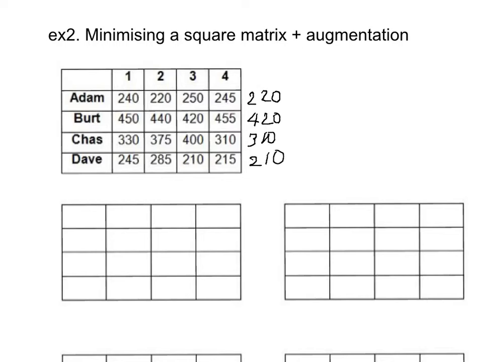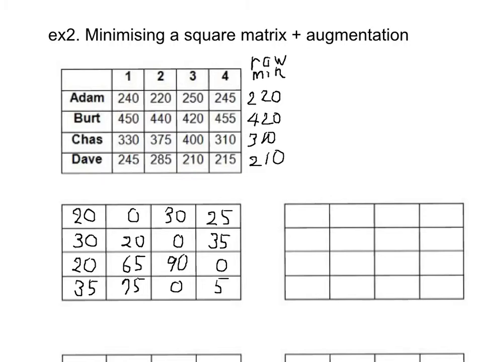Now I'm going to subtract 220 from row 1, 420 from each element in row 2, and so on, and create a new matrix over here. Now I look at the columns, so I can do the minimum from each column.